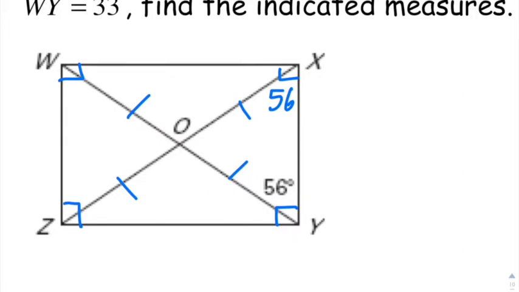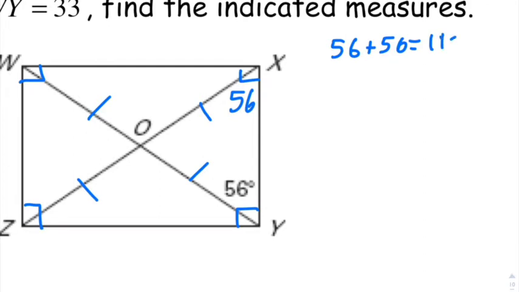So 56 plus 56 will be 112, I think. And then subtract that from 180. And what does that get us? 68 degrees, I believe. Then you've got vertical angles.